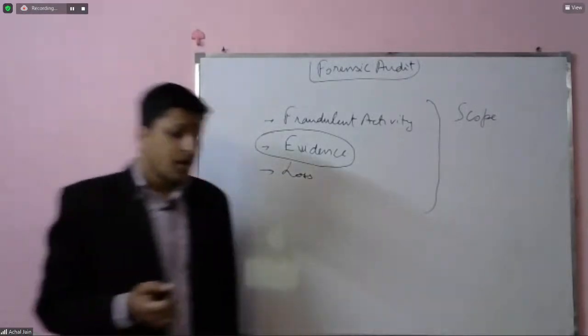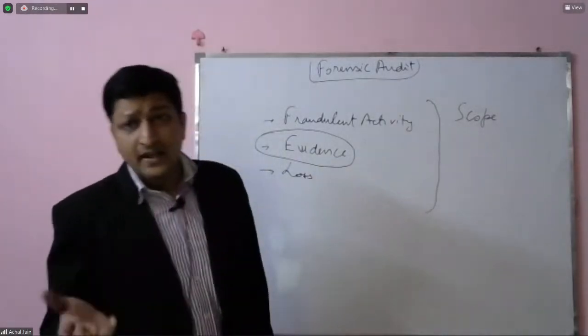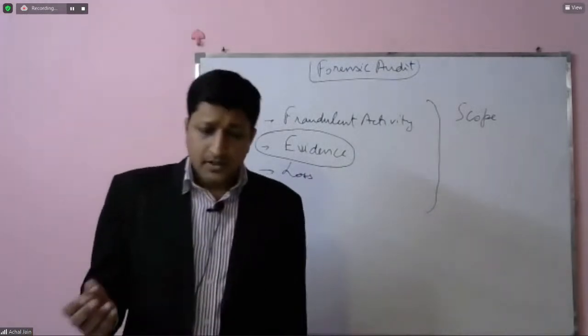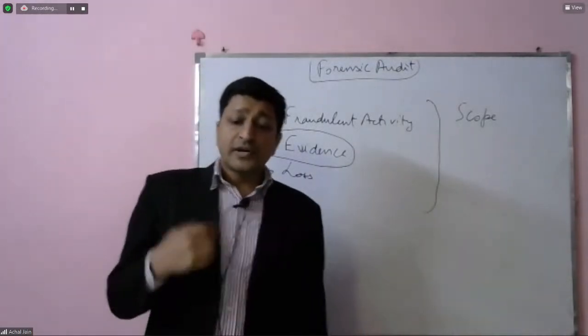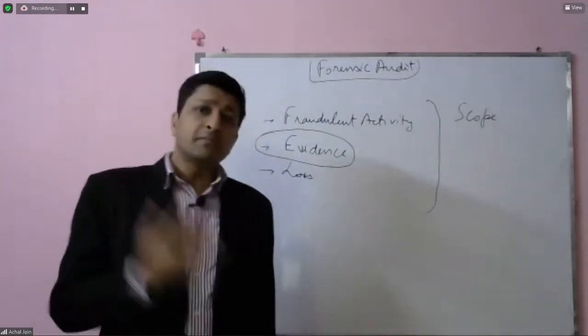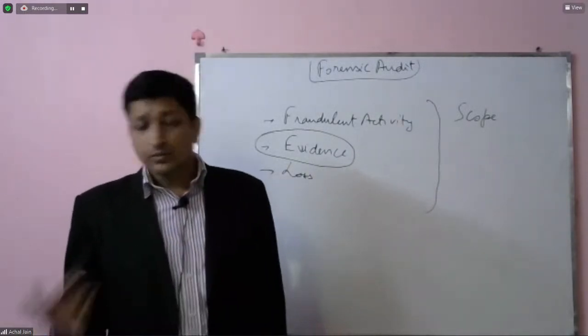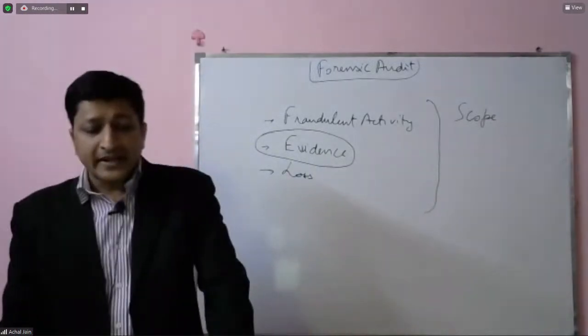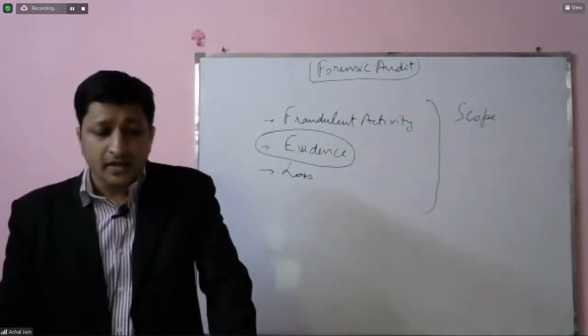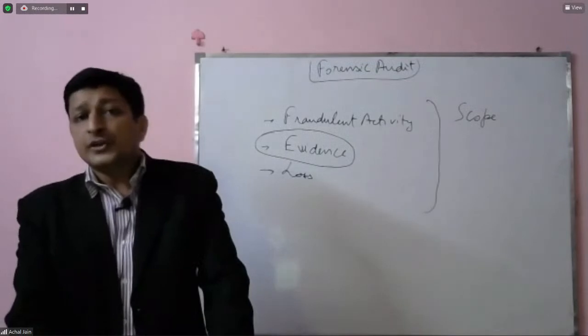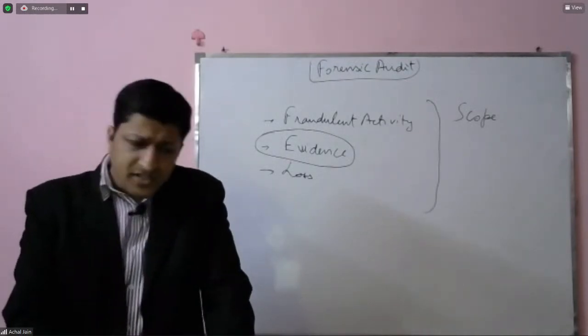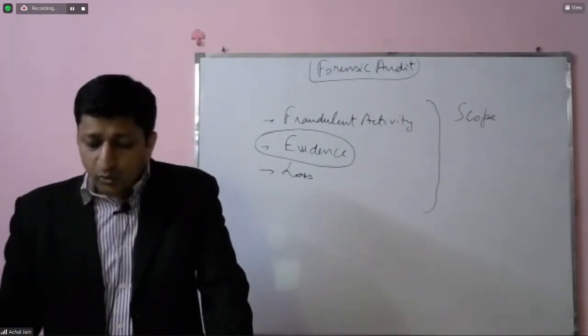Data mining means all about doing an in-depth analysis of data. See, data is something which will reflect a lot of things which may have been manipulated, which may have become subject to the fraud. So all of those data mining techniques will have to be applied by the auditor who is into forensic audit. And for this, again, there are separate tools which are available.